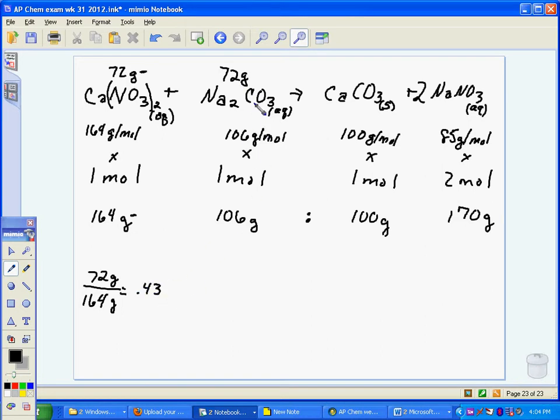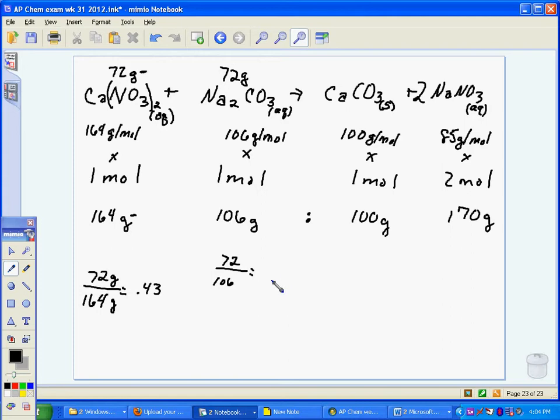We also know we're starting out with 72 grams of this. So let's see what our ratio is here. We've got 72 grams, but in our perfect world we have 106 grams.